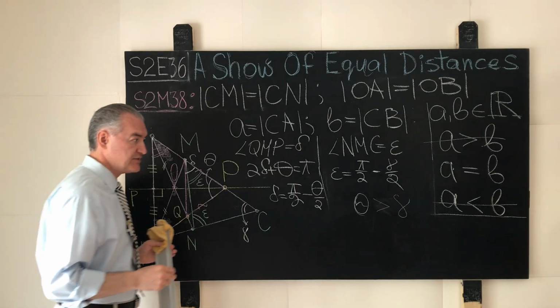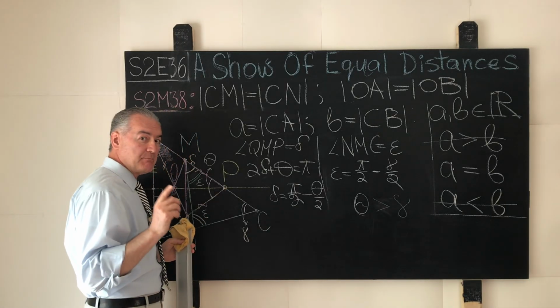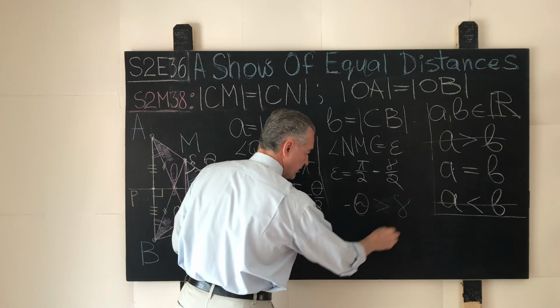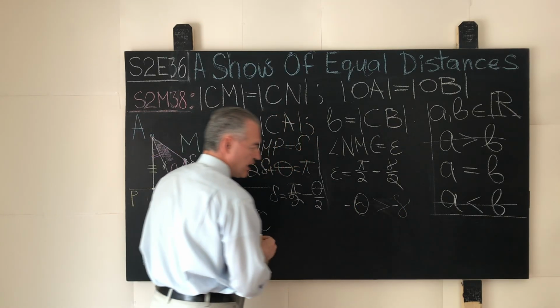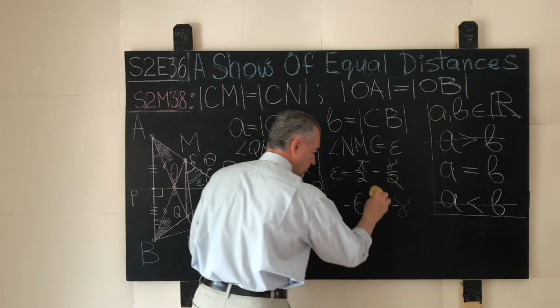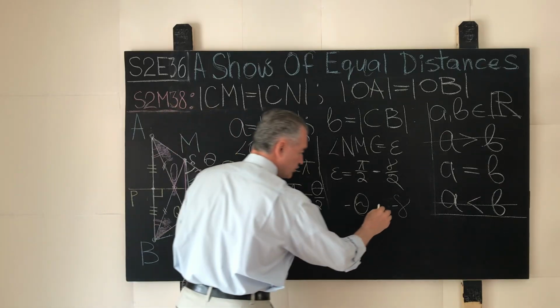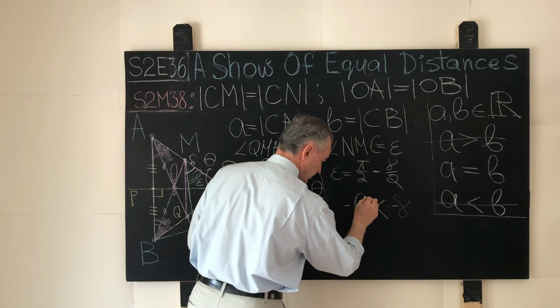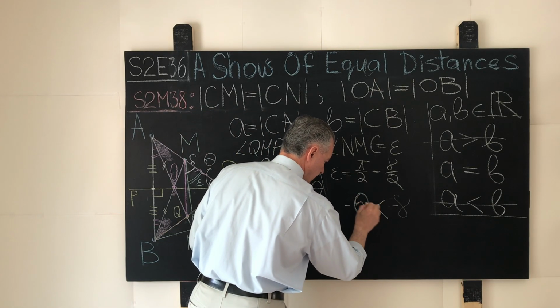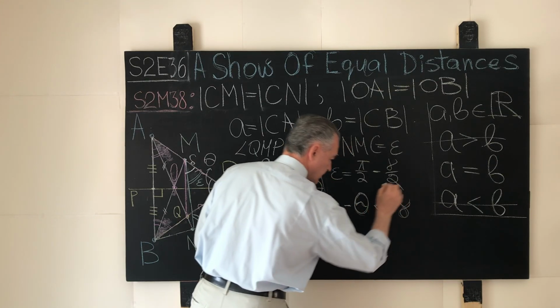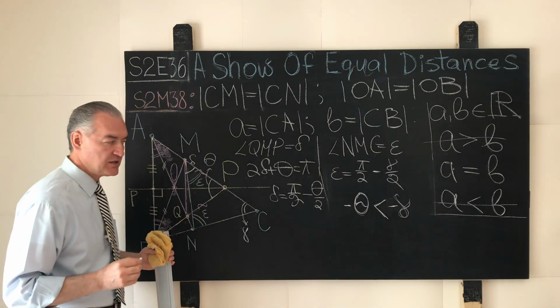Now we multiply this inequality through by -1. That means we put the minus sign here, and we flip the relation between these two resultant numbers to the opposite. It goes like this. So minus theta is less than minus gamma. Would you agree? Yes.